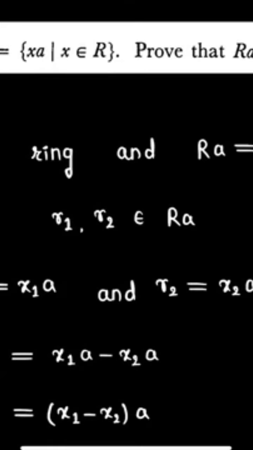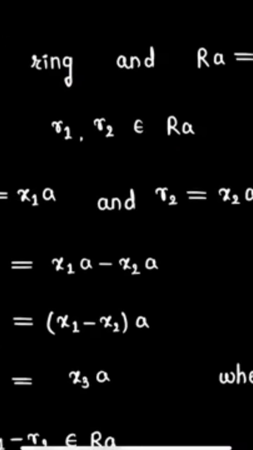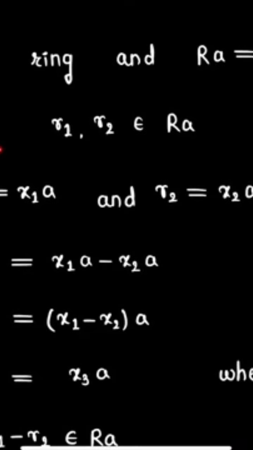So, proof. Here R is a ring and Ra is this set. Now consider any two elements, say r1 and r2, from the set Ra.